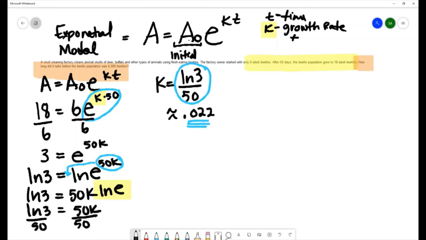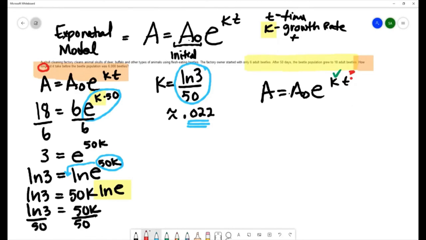So we can take our formula again. A equals A naught e to the kt. Remember, we now know the growth rate to be natural log of 3 over 50. The question says how long, so that means that the thing that we're looking for in this problem is time.